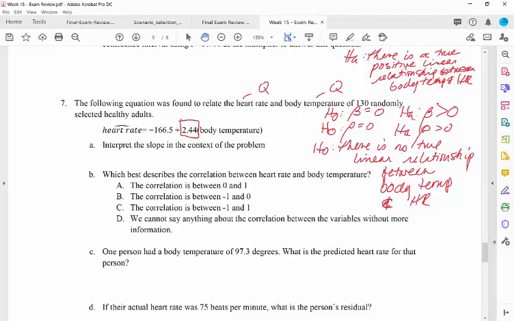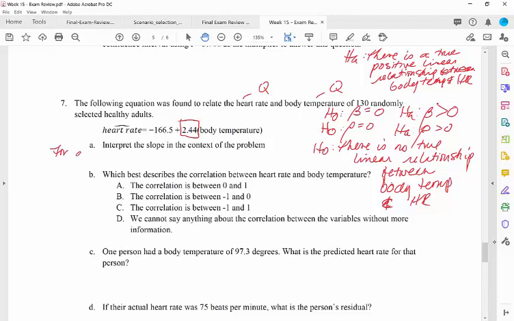So how would we interpret the slope in context? Okay, so what it's looking at is, as X, the body temperature, increases by 1, the heart rate changes by our slope.